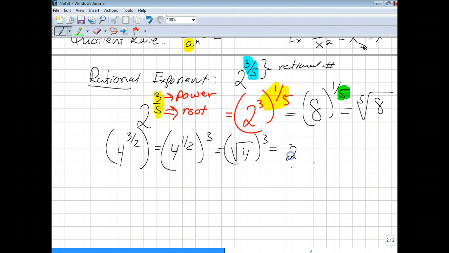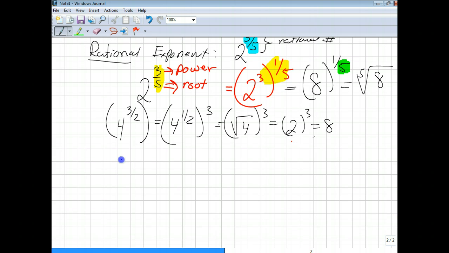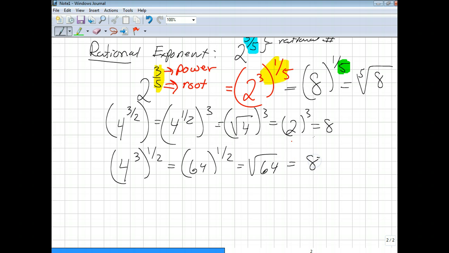Square root of 4 is 2. 2 cubed is 8. Okay? Or I could do 4 cubed to the 1/2. Well, 4 cubed is 4 times 4 times 4, or 64 to the 1/2. The 1/2 means the square root, so square root of 64 equals 8.